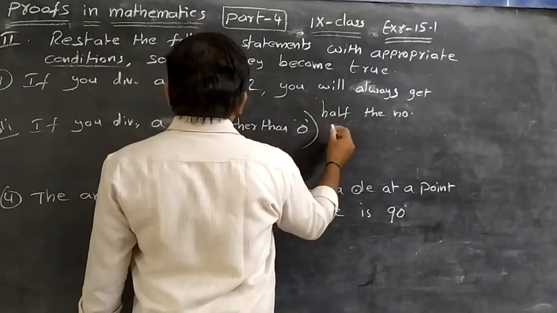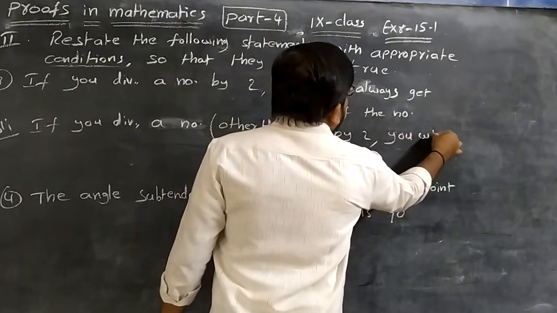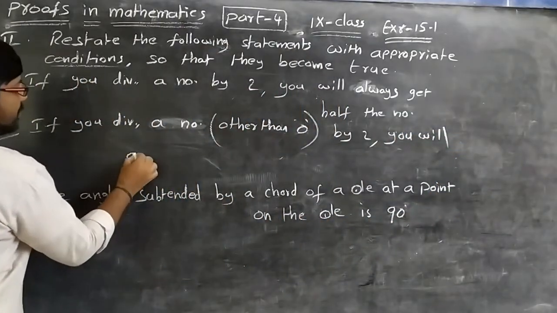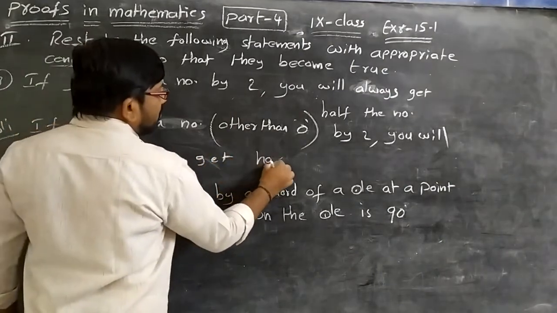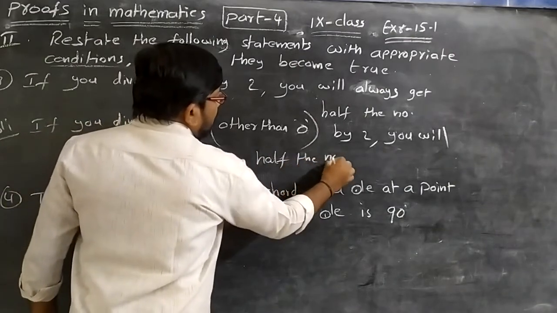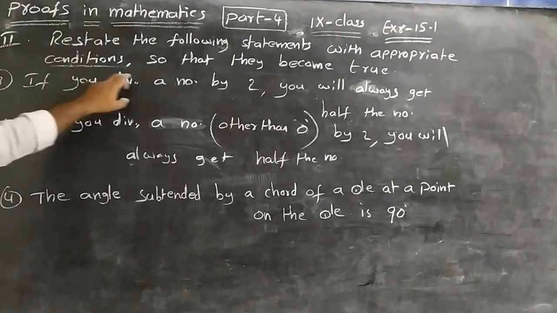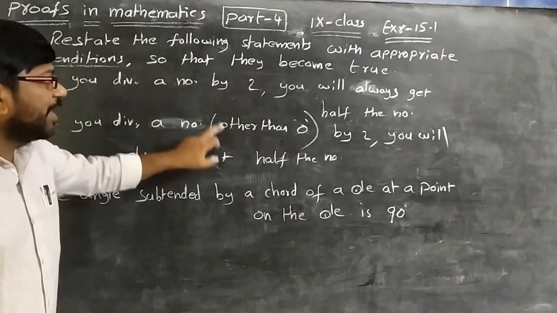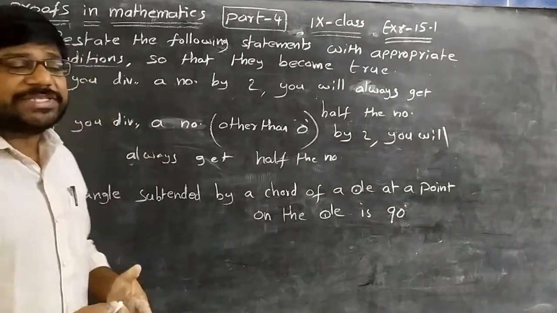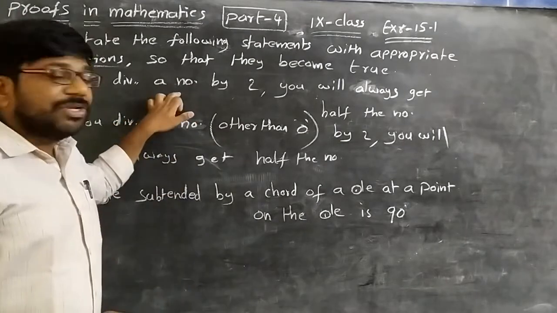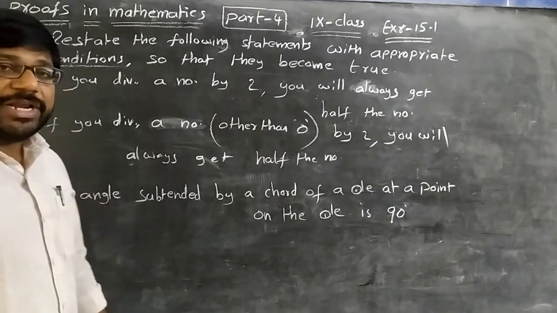Other than 0, you will always get half the number, right? So what is the difference between these two statements? In this, 0 is not given, but 0 we write as a condition. So for what condition is the statement true? Except 0, you can divide any number by 2, you get half the number, right?